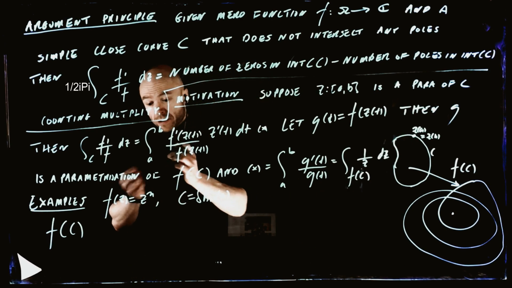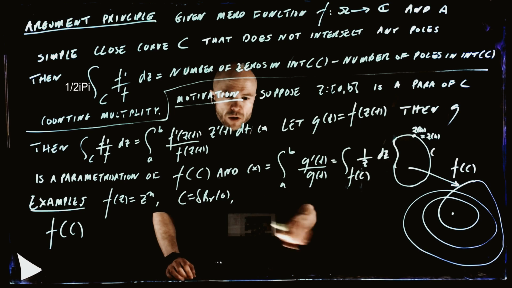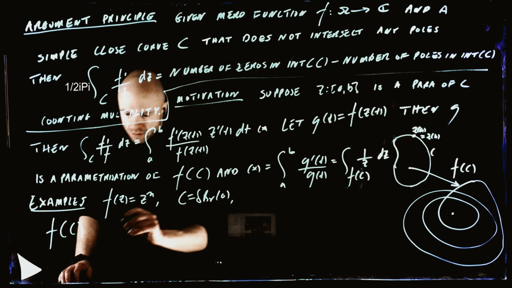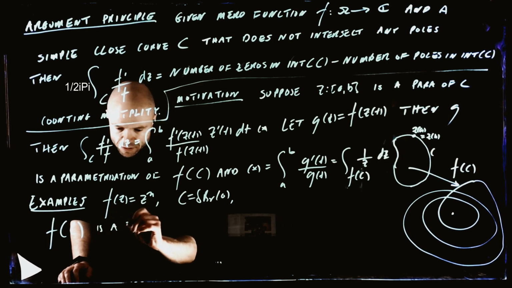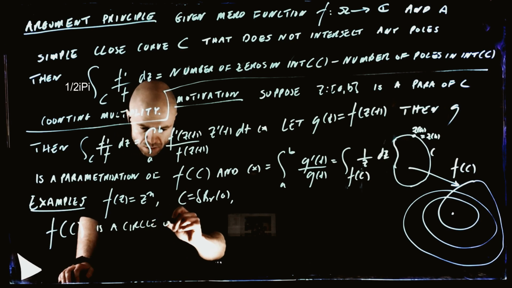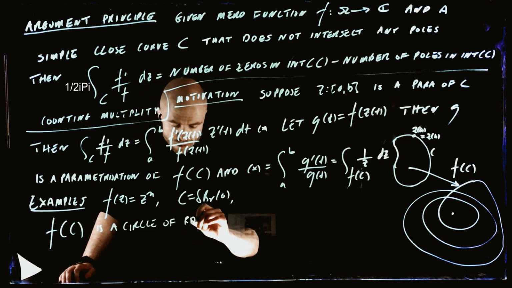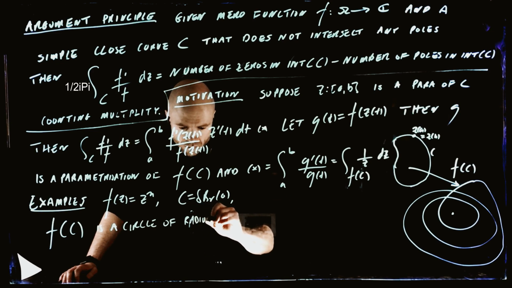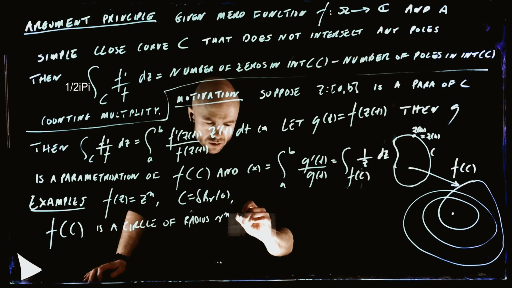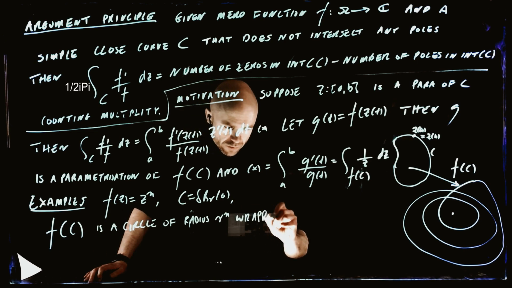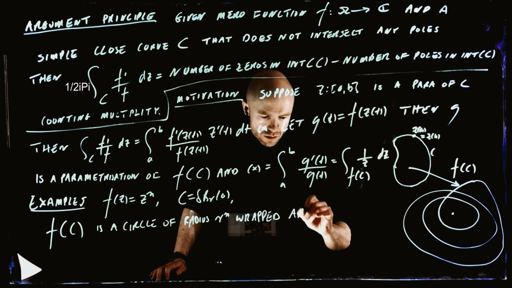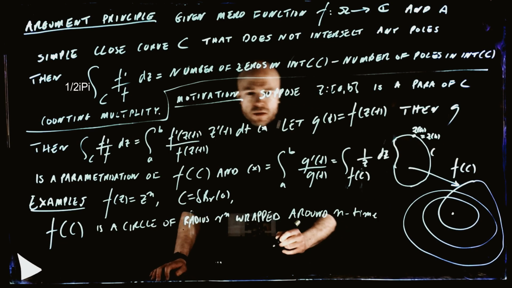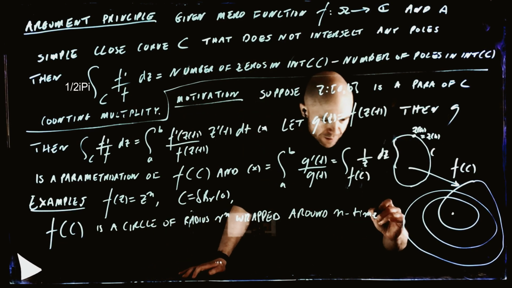It's a circle of radius r to the n, but it's wrapping around n times.